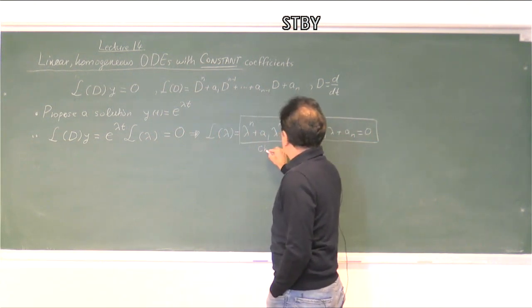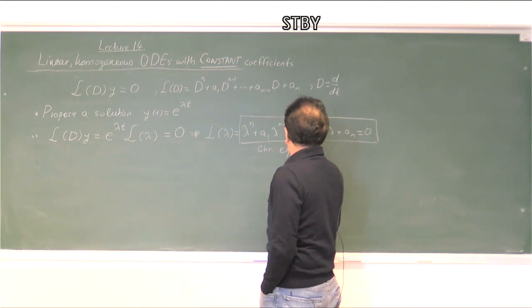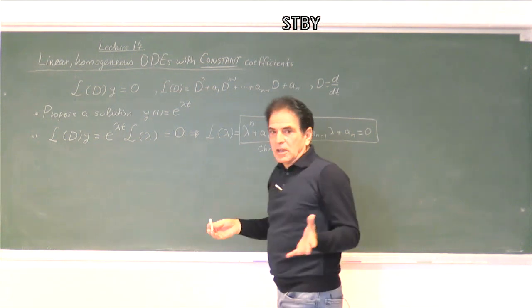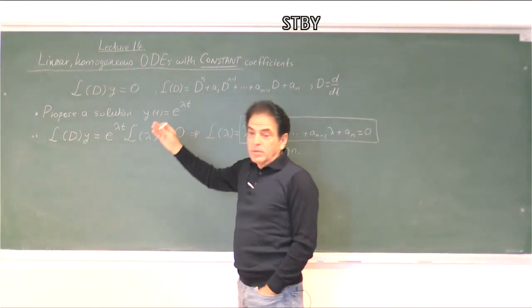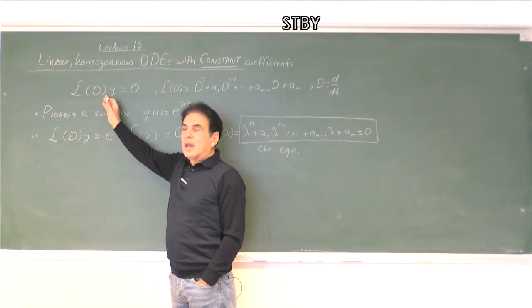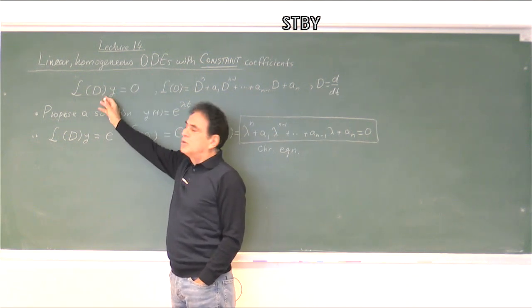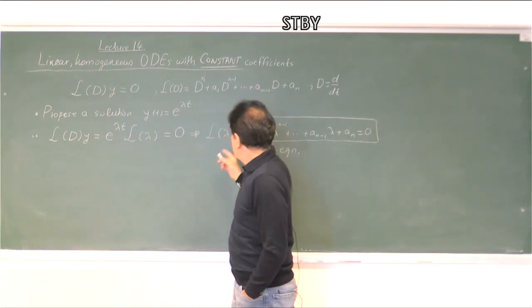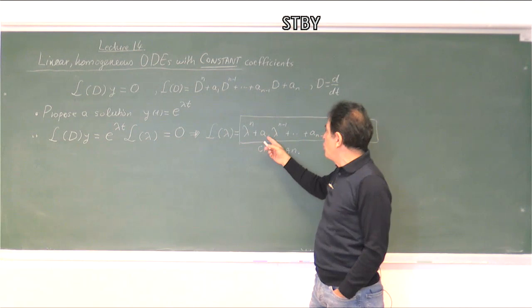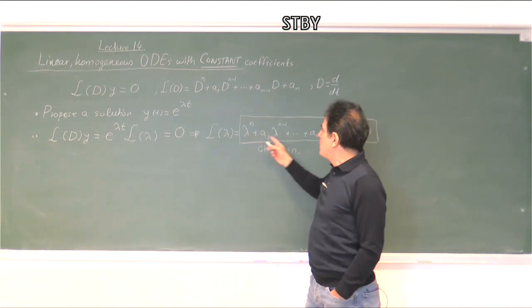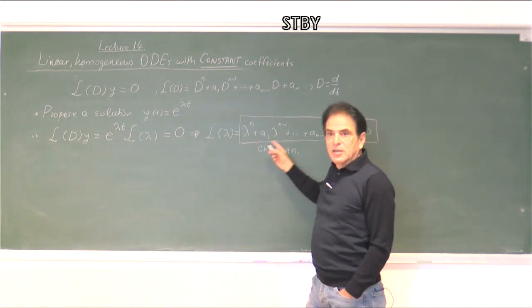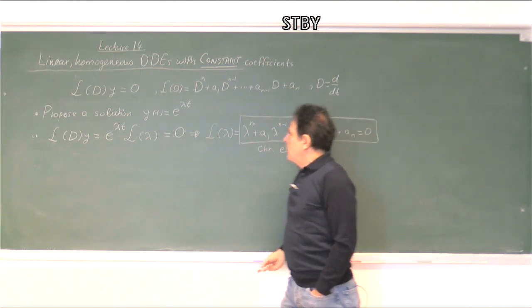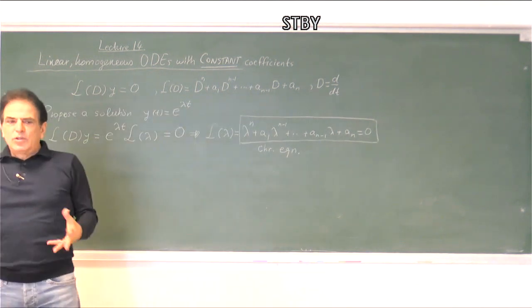We call it the characteristic equation of the differential equation. So as you remember, the problem of solving a homogeneous linear ODE with constant coefficients has been reduced to finding the roots of the so-called characteristic equation. And in the previous lecture, we talked about that.